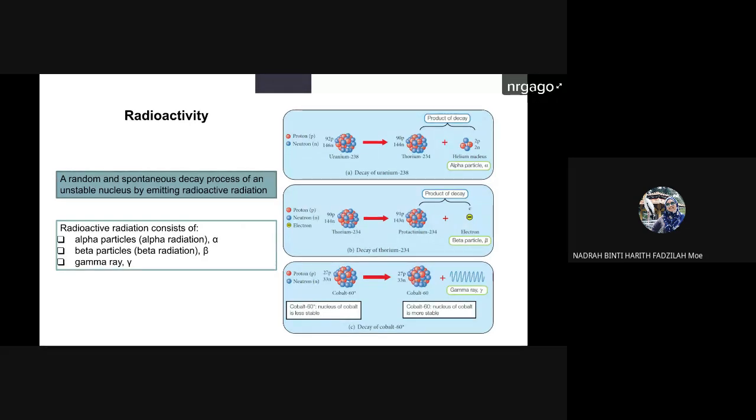If you take a look at the diagrams provided on the right side of the screen, as mentioned by the video that we have observed before, the uranium is highly unstable. So initially it has 92 protons and 146 neutrons. By releasing an alpha particle that consists of 2 protons and 2 neutrons, uranium forms a more stable particle, which is thorium.